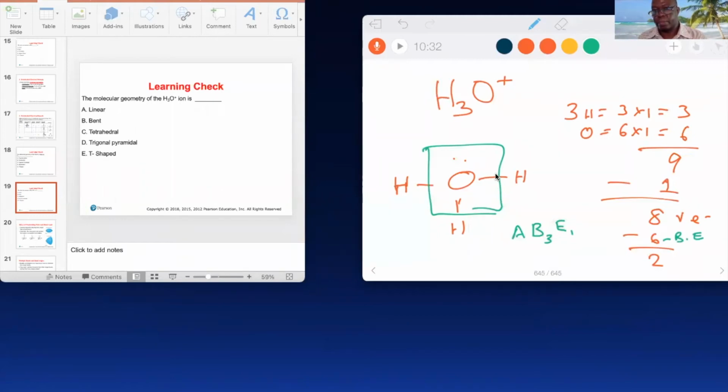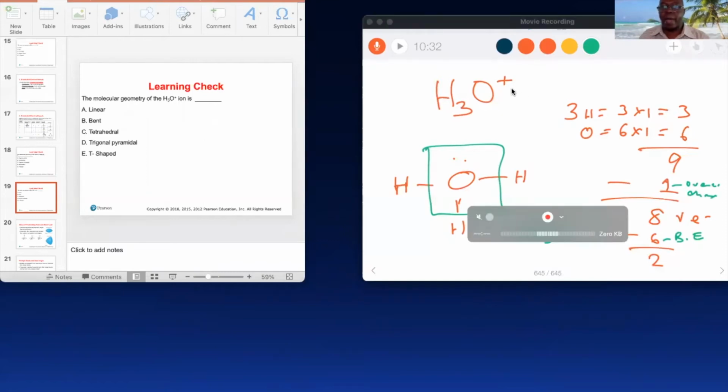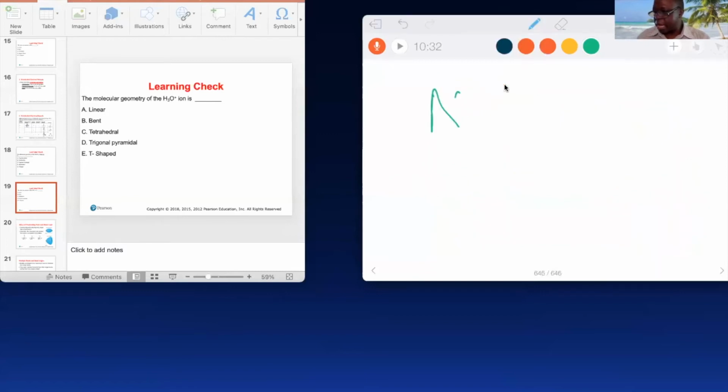Why did you subtract the 1 to begin with from the 9? The 1 is from the overall charge. It was a hydronium ion. So you subtract, let's say for NH4 positive, one of the common polyatomic cations.